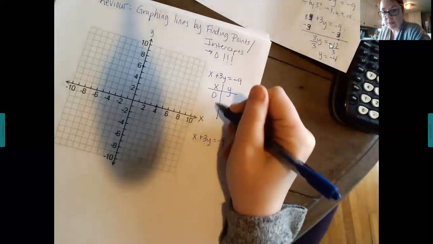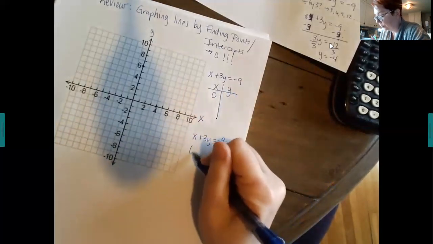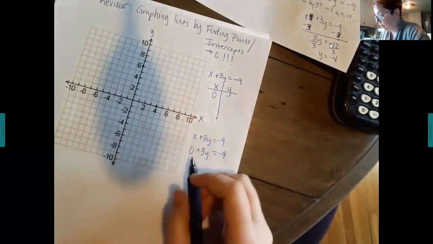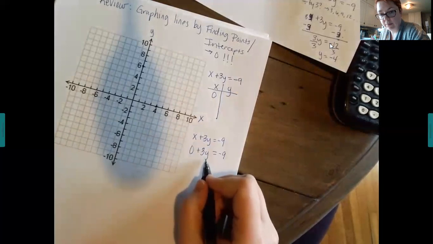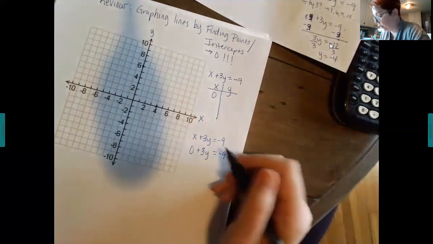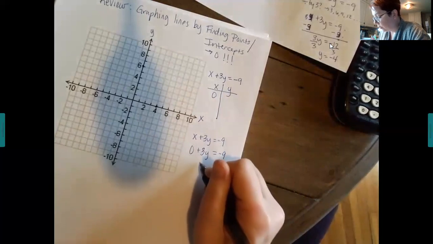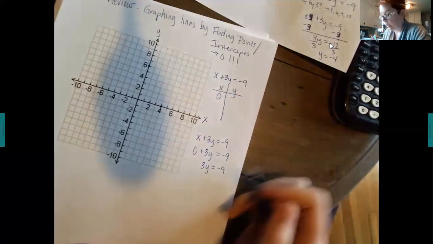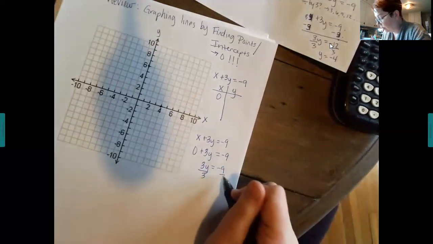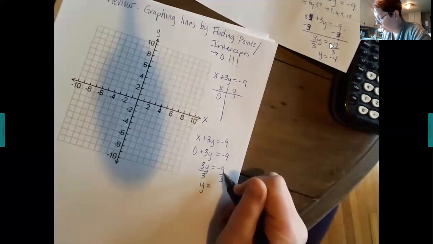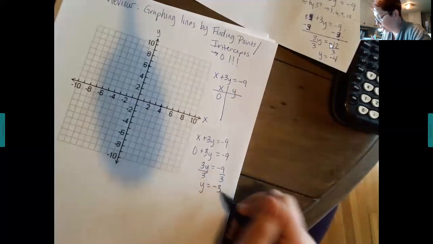So I'm going to put 0 into this equation for x, and that leaves me with my y left over. So 0 is gone. I can subtract it if I want to, but that's not going to change it. So I'm left with 3y equals -9. And so I divide both sides by 3, and I get -9 divided by +3 gives me a negative.